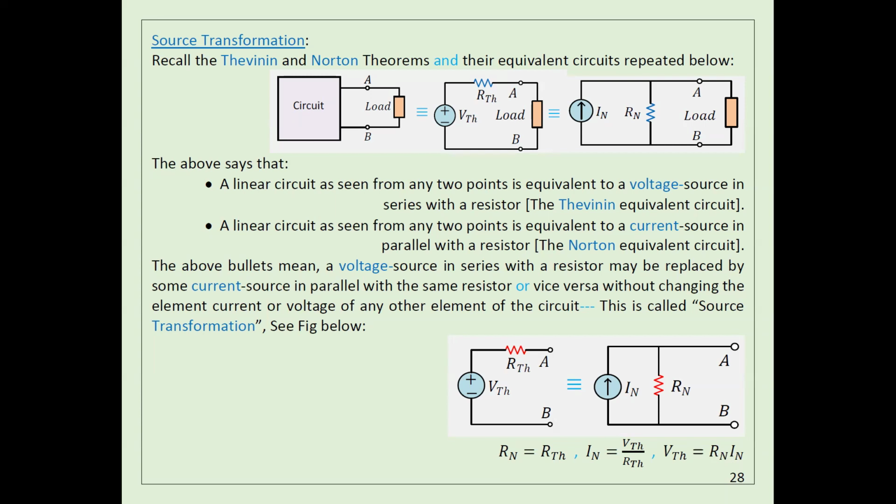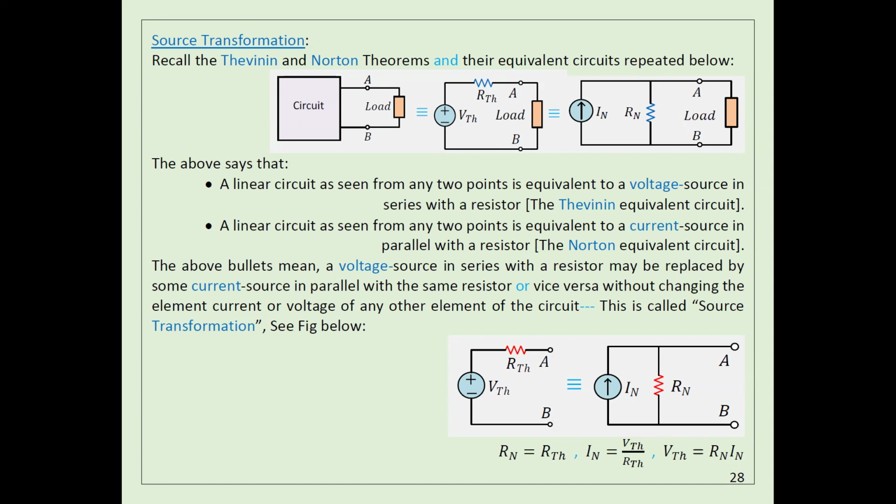I'm just using Thevenin and Norton to have a new theorem. The new theorem is, if you have a voltage source connected to a resistor this way, I can make it this way. Number one, this resistance equals this resistance. Number two, this current source is equal to V divided by R. Very tricky. So this one is equivalent to this one.